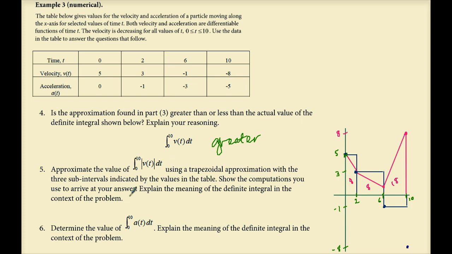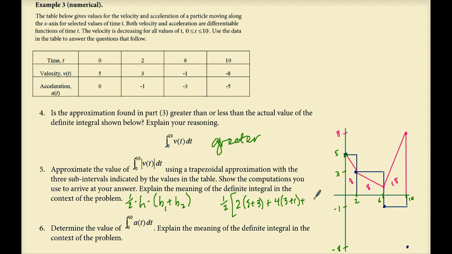Remember that the area of a trapezoid is 1/2 times the height times the sum of the bases. So for the first trapezoid, we have a width or height of 2. So this will be 1/2 times 2, the sum of these bases, 5 plus 3. Then the width of the second trapezoid is 4, and the bases are 3 and 1.